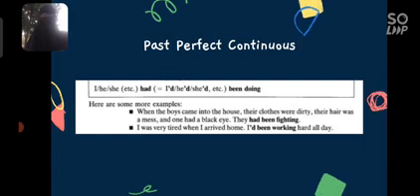When the boys came into the house, their clothes were dirty, their hair was a mess, and one had a black eye. They had been fighting. So they is the subject, and had been plus verb ing, been fighting.